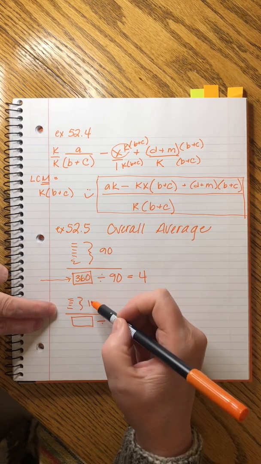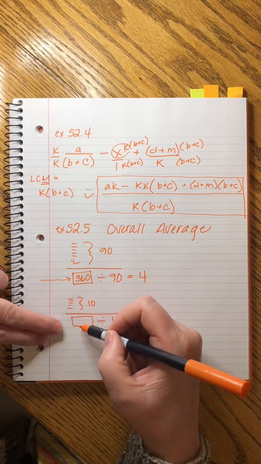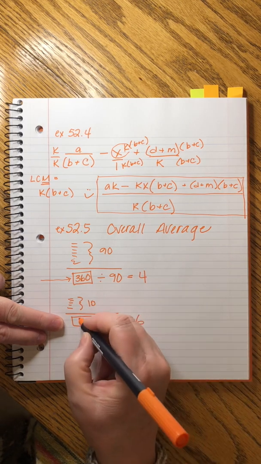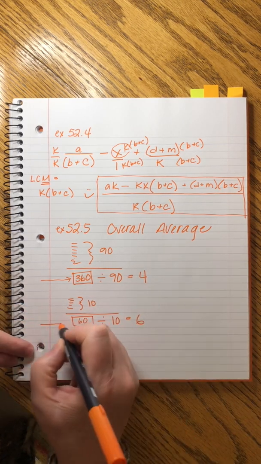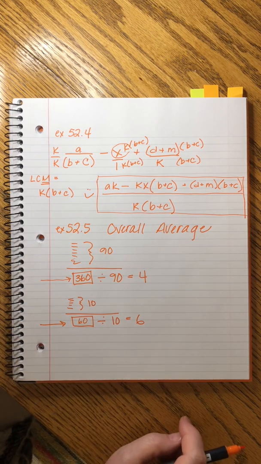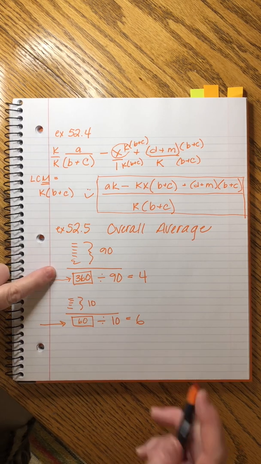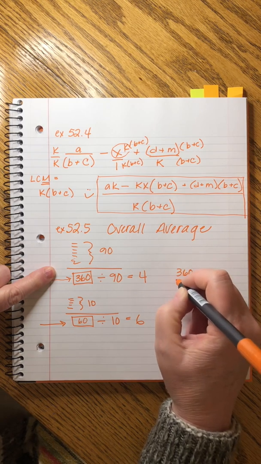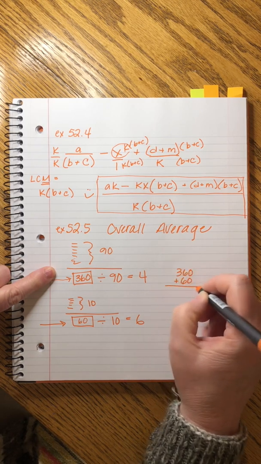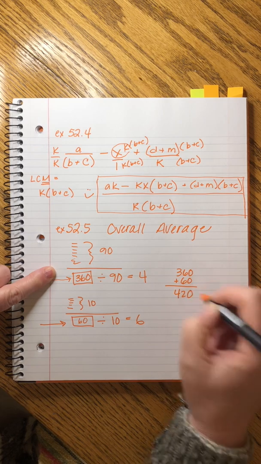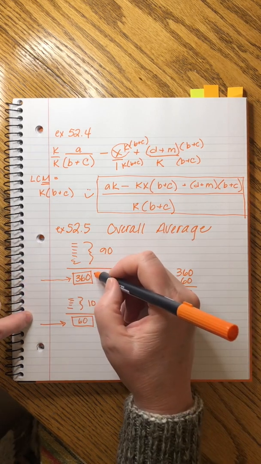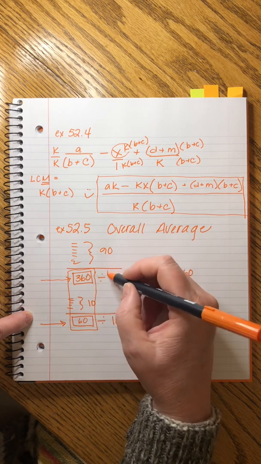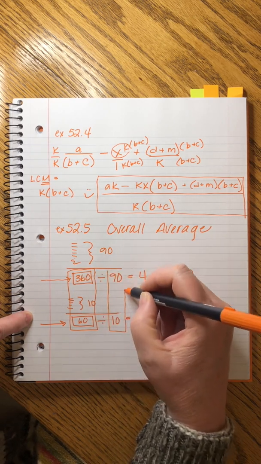Now we can do the same thing down here. We had 10 items, we added them up, we divided by 10, we got 6. If we work backwards, we know that they had to add up to 60. Okay? So now what we're going to do is we're going to take 360 plus 60, that's 420, right? And we're going to divide it by the total number of numbers.